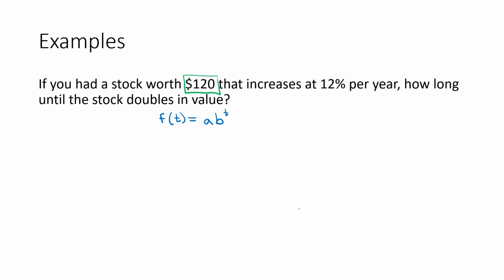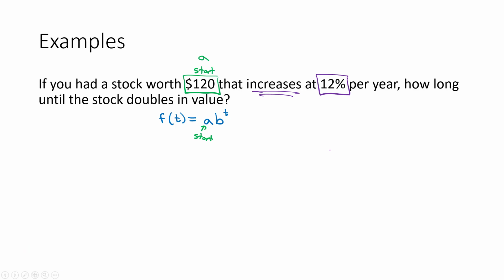$120? What information is that in our problem? That's the starting value, which we know the starting value is the a. What about the 12%? It's increasing 12% per year.